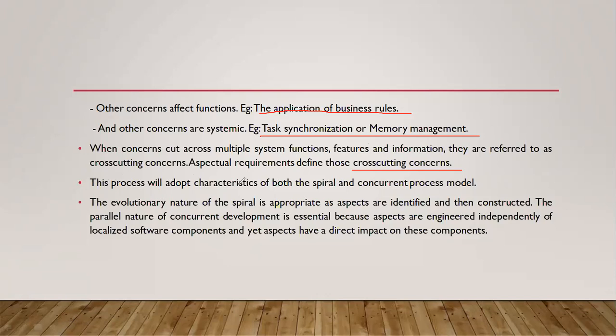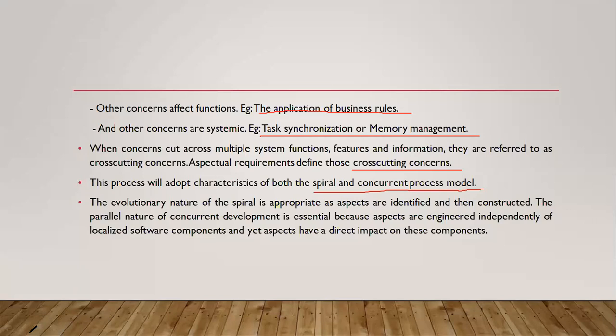This process will adapt characteristics of both the spiral and the concurrent process models. So which project will be this kind of aspect oriented? If you want to apply aspect oriented rules to your development, they will work with either the spiral model or a concurrent process model. Spiral model we have already discussed.